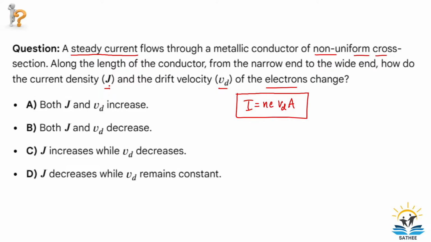We have to find how current density and drift velocity will change if current is flowing from the narrow end to the wide end, and current is steady, that means it is constant over time. Also we have the expression J is equal to I upon A. Which option is correct?